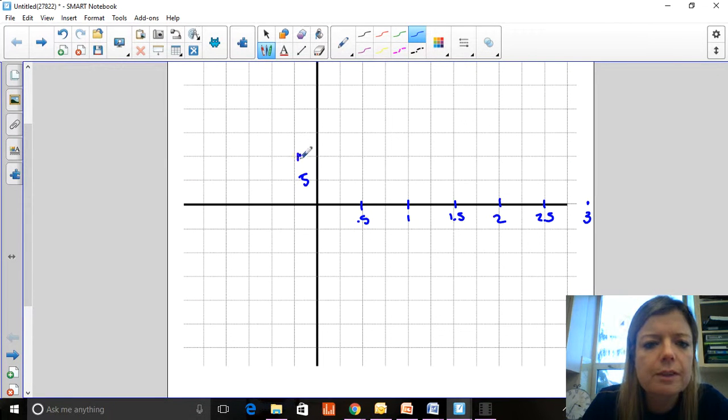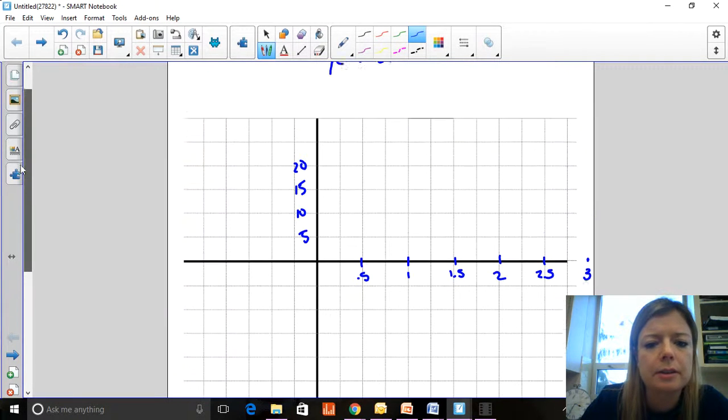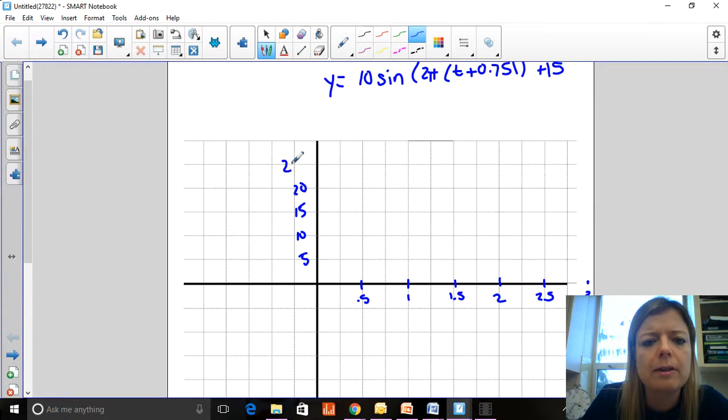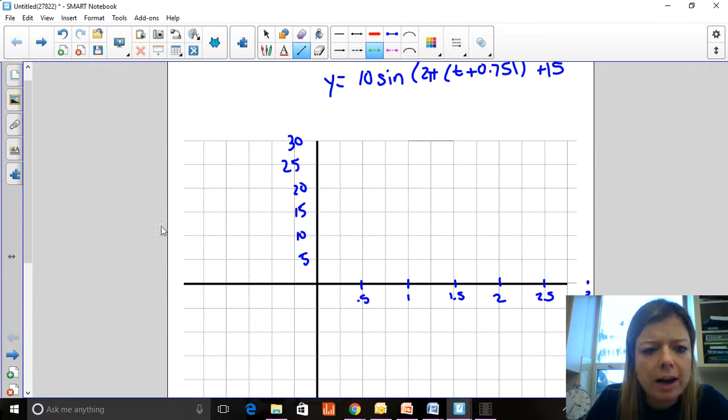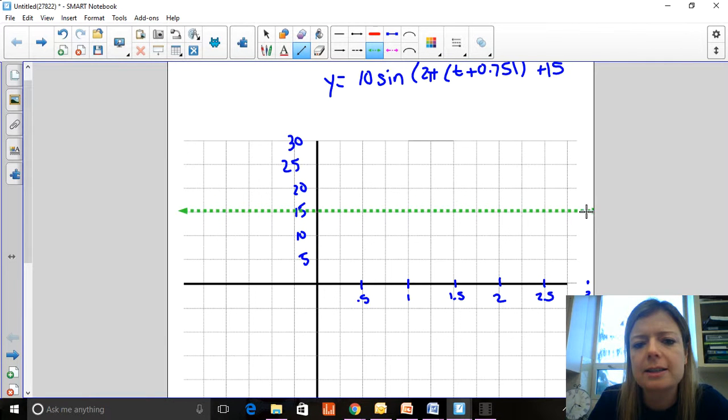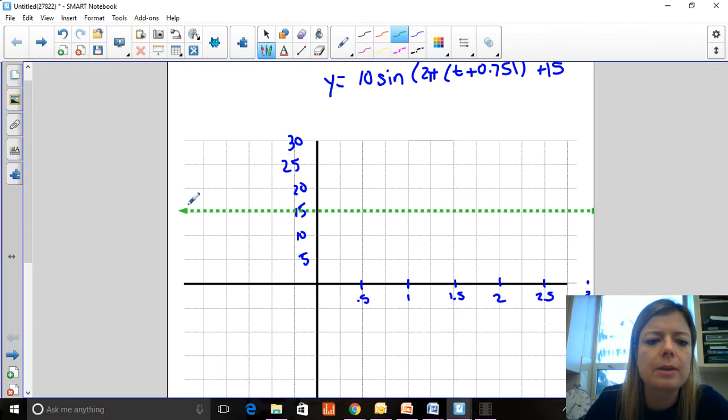So 5, 10, 15, 20, 25, 30. That's perfect because I know my maximum is 25 and my minimum is 5. So I can graph my axis. That's what I always want to start with, okay, is graphing my axis and labeling it with its equation, please. So that's y equals 15.